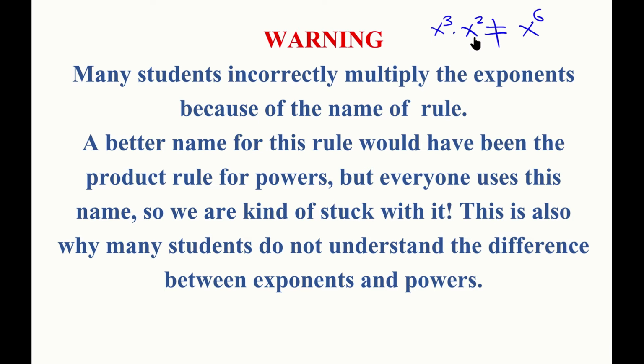When you multiply two powers with the same base, you keep the common base and you add the exponents. Actually, probably a better name for the rule would have been the product rule for powers. But we've kind of started with exponents and everybody uses that name for the rule, so we'll just stay with it. But that's what's going on here.